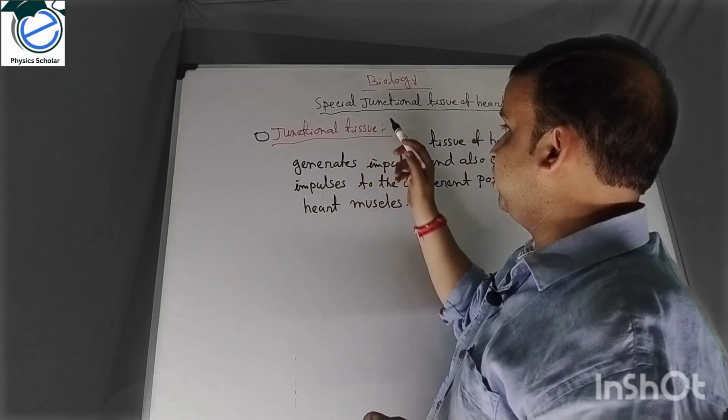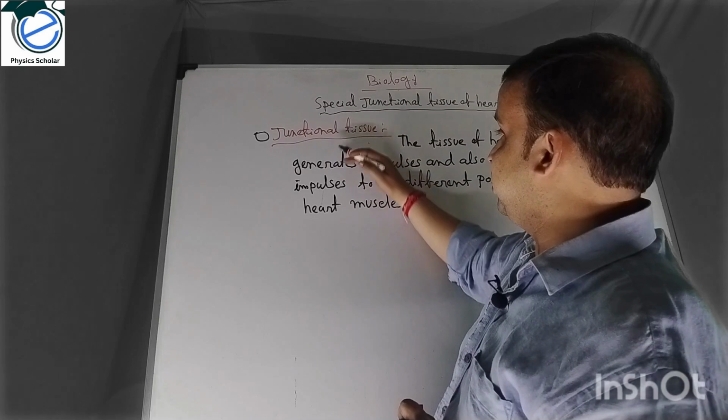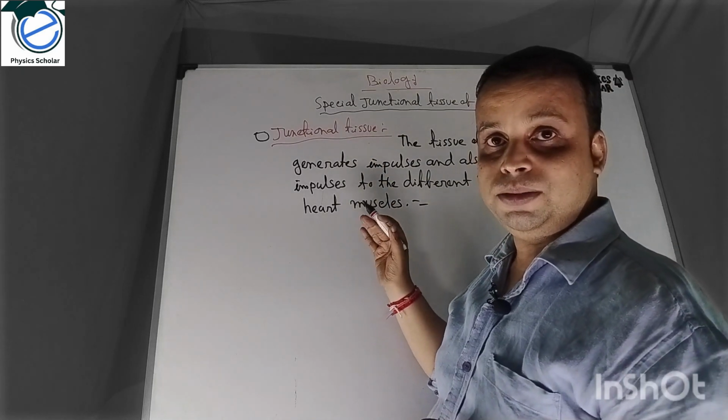So we have understood what junctional tissue is. Now we will start to read about some junctional tissues.